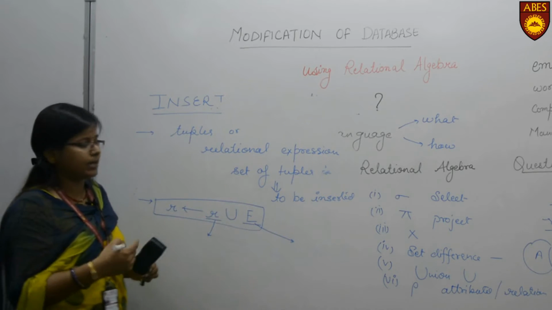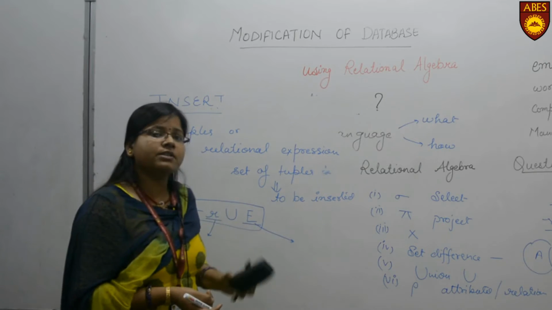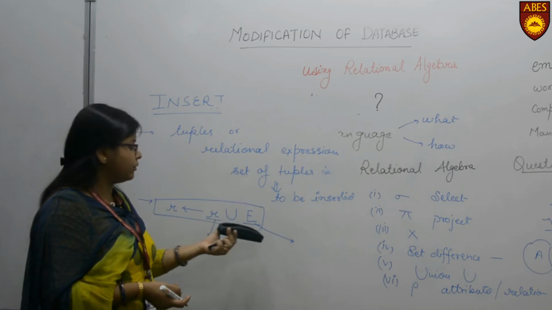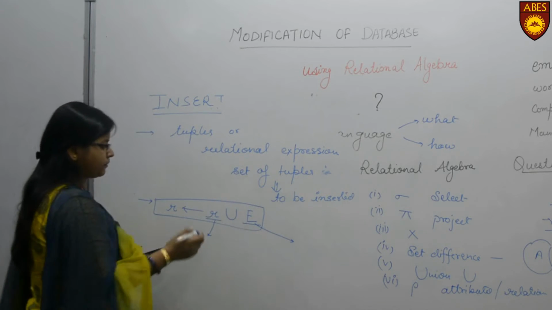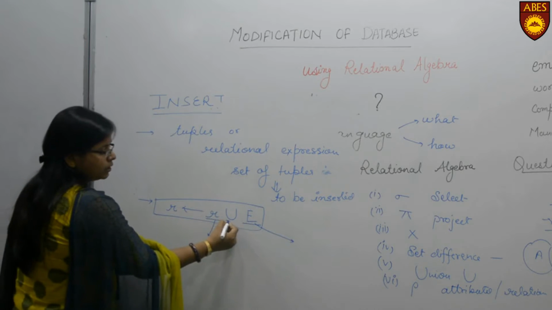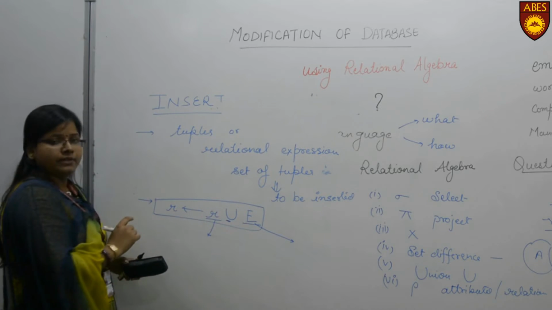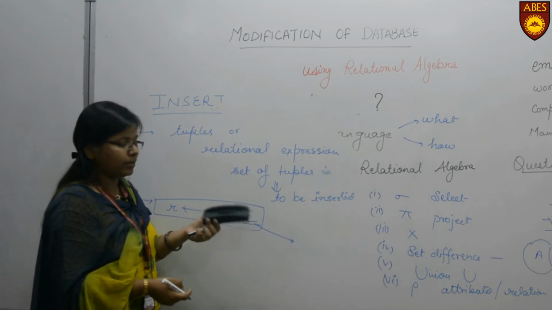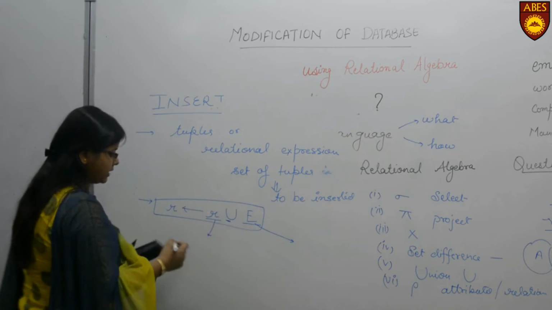By relational algebra expression we mean the expression which will return the values corresponding to the relation with which we are going to unite. So we will be using the union operation in case of insert commands. Let's take a simple example to understand.